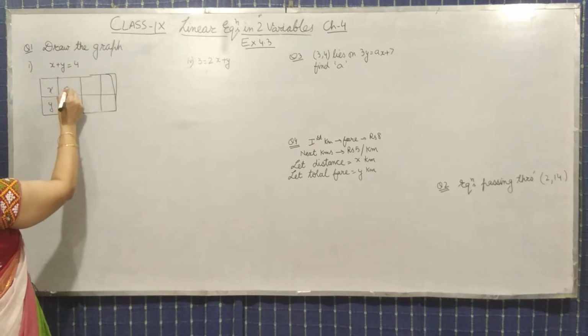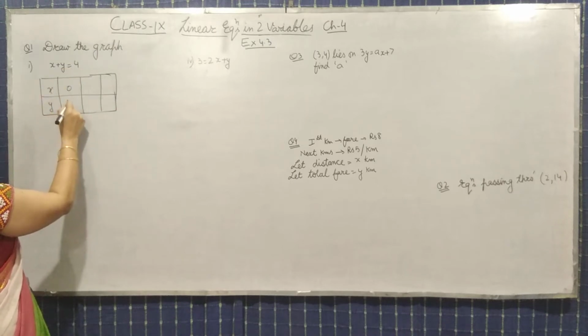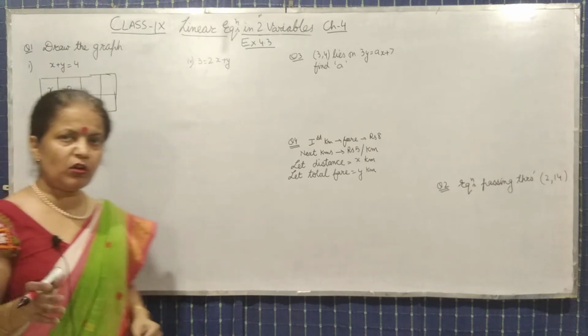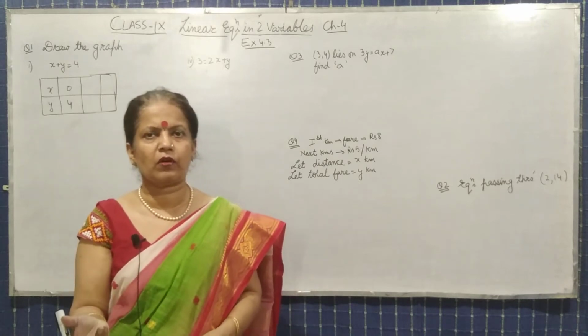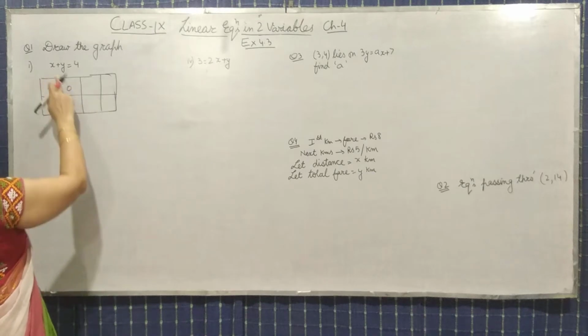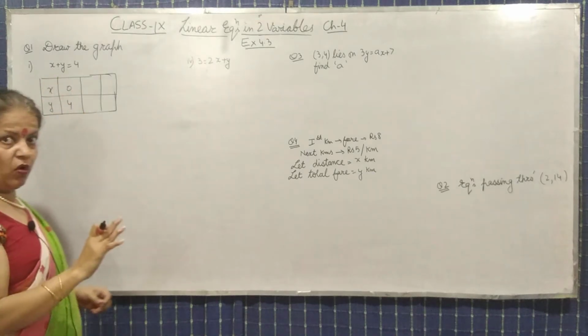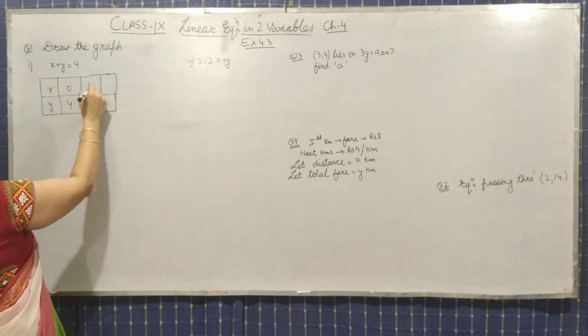So if you take x as 0, then what should be y? Try to do it verbally. If it is not possible for you to do it verbally, then in the rough or fair column you can find out the answer. If x is 0, then y is 4. Now take y as 0, then x is 4.